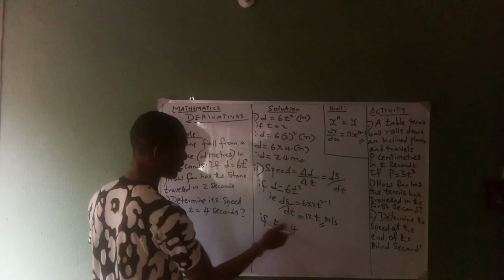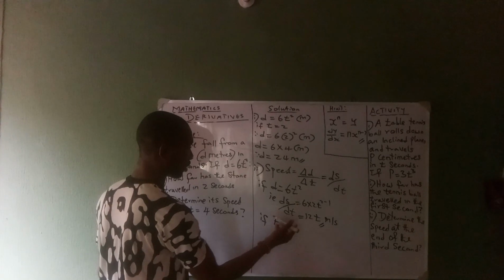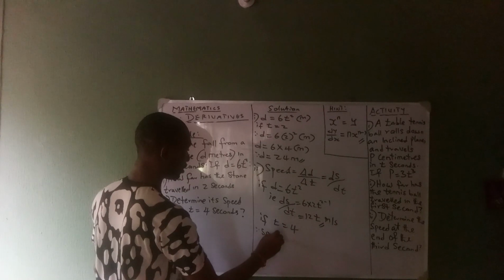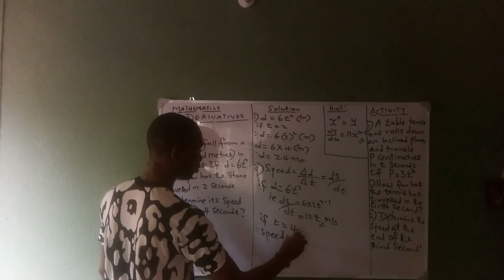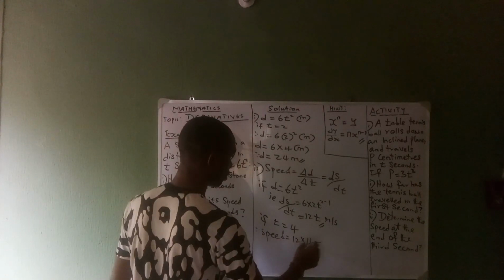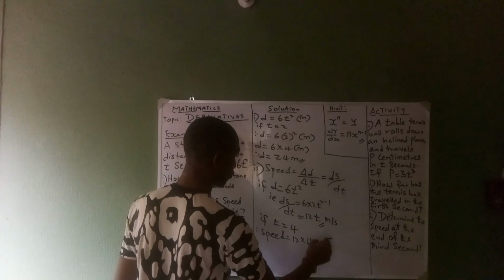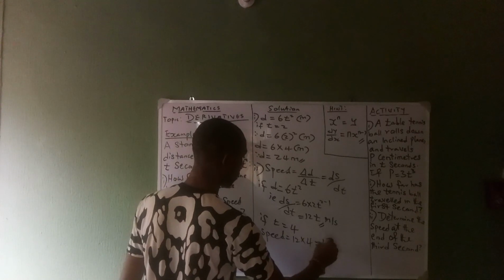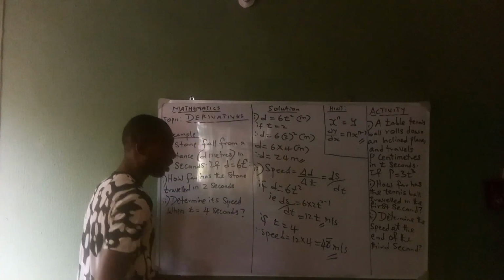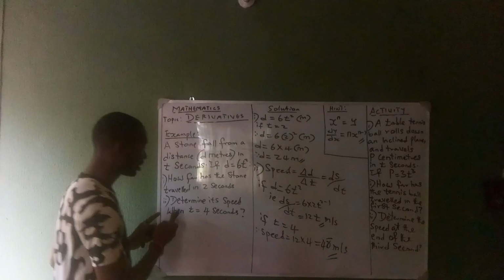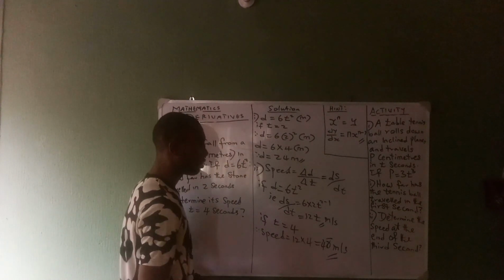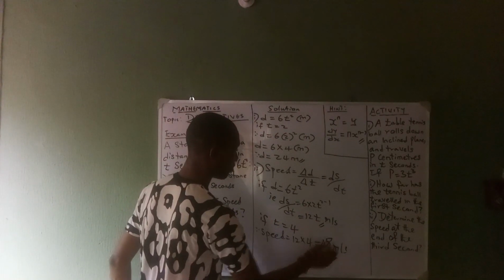So in this case, for t equals 4 seconds, the speed will be equal to 12 times 4. 12 times 4, 4 times 2 is 8, 4 times 1 is 4. So we have it as 48 meters per second. So that is our speed. So our speed in 4 seconds is 48 meters per second.